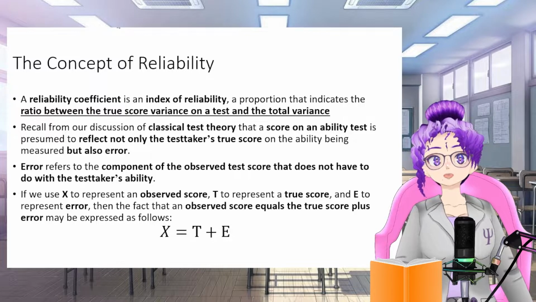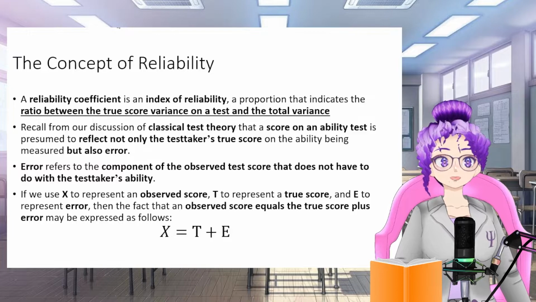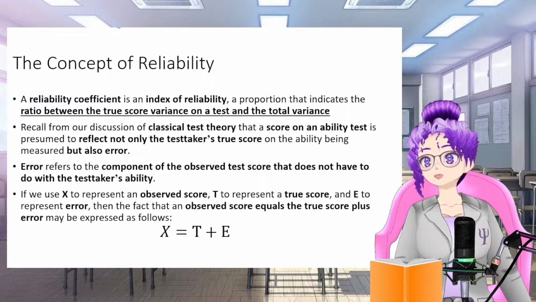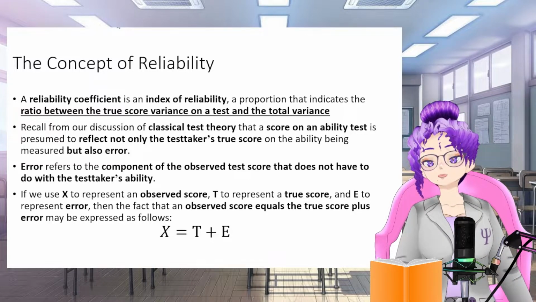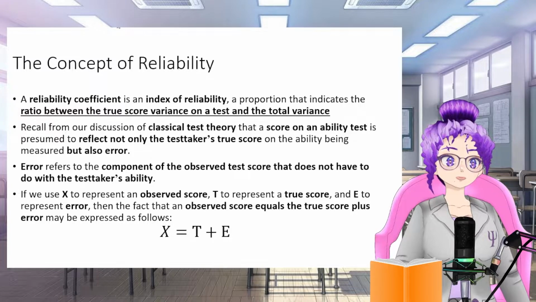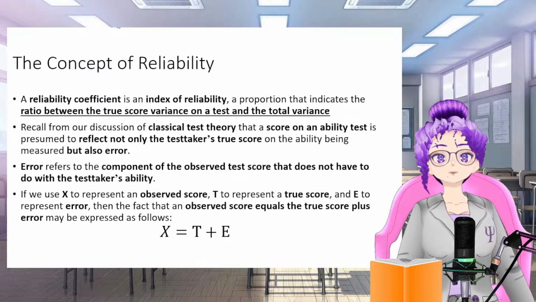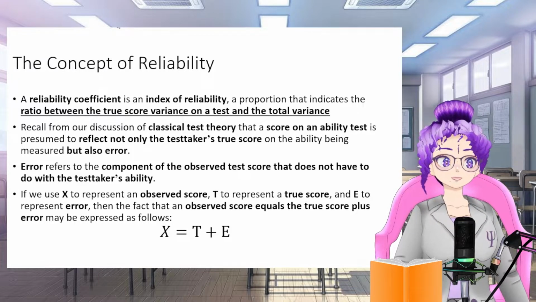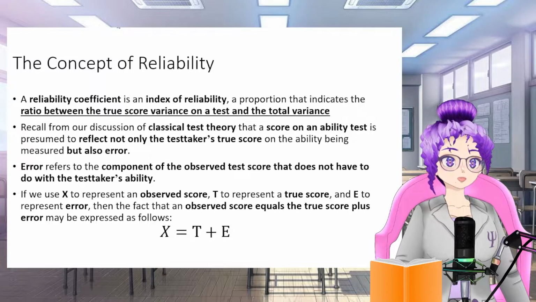So in classical test theory, the score on an ability is presumed to reflect not only the test taker's true score on the ability, but also the error. So in classical test theory, your score in a test is presumed to be your true score plus error.